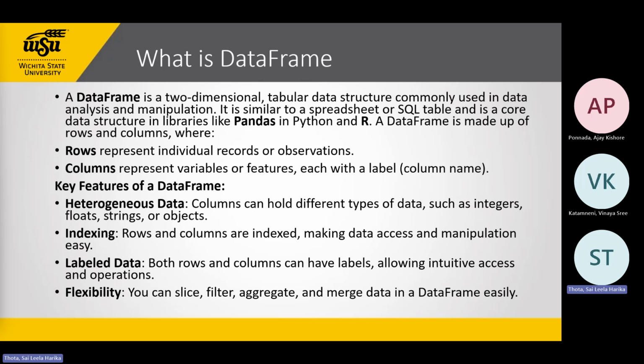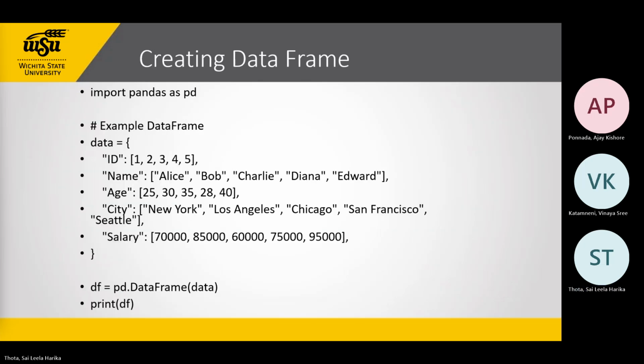And labeled data: both rows and columns will have labels in a data frame. And flexibility: with a data frame, it's very easy to deal with data, like we can filter what we want. We can simply handle the missing values, we can handle the null values, and we can aggregate the data and merge the data. So all this we already discussed.